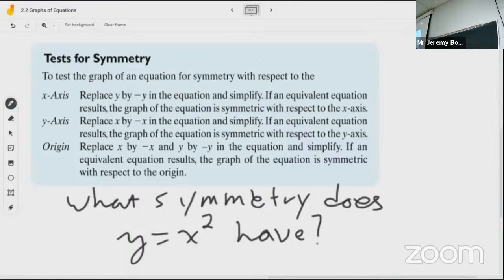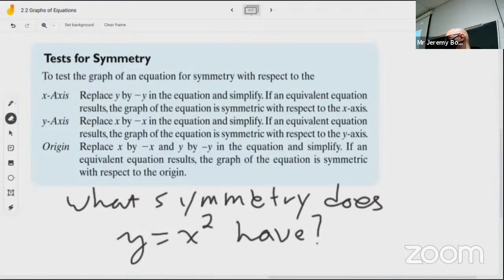So for it to be symmetric with respect to the x-axis, think back to what we were talking about with the point. Remember we said that if it's symmetric with respect to the x-axis, that means that if x, y exists, it also must have x comma -y, right?